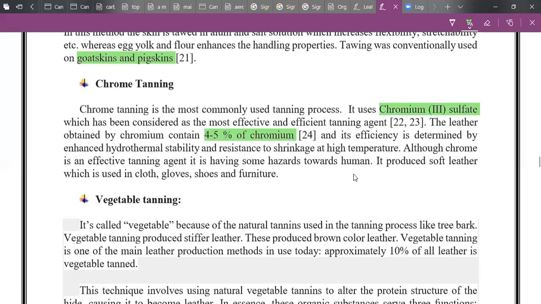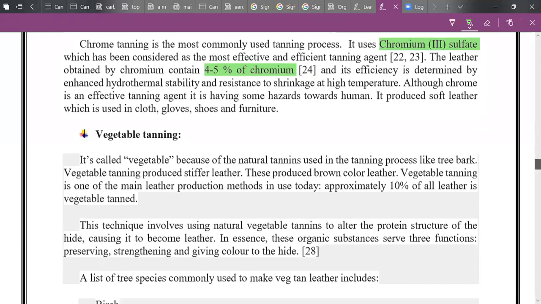Although chrome is an effective tanning agent, it has some hazards toward humans. It produces soft leather, which is used in clothes, gloves, shoes, and furniture. And it is a cheap process. So most of the leather is tanned by chromium.